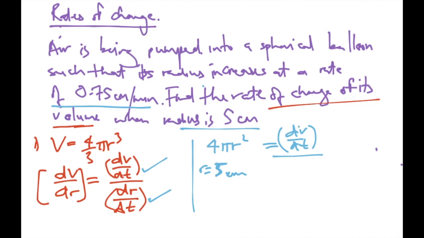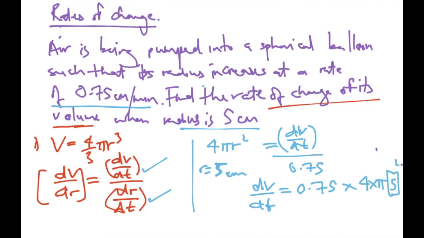So this is dV over dr times dr over dt, where the rate of change for radius is 0.75. So dV over dt equals 0.75 multiplied by 4 times pi times 5 squared.